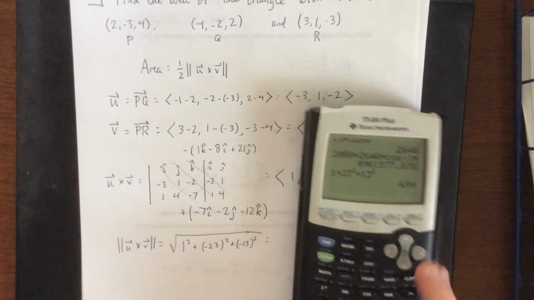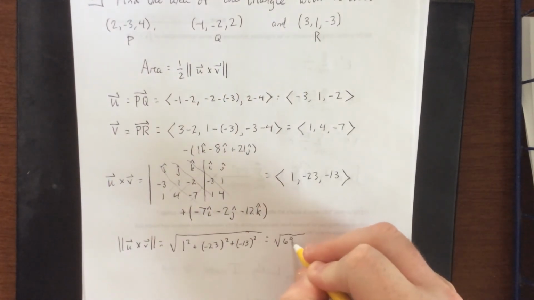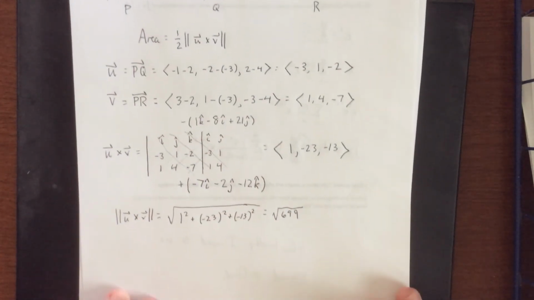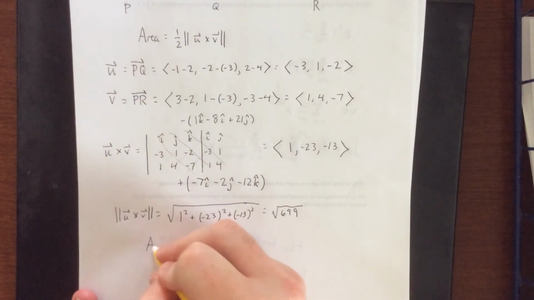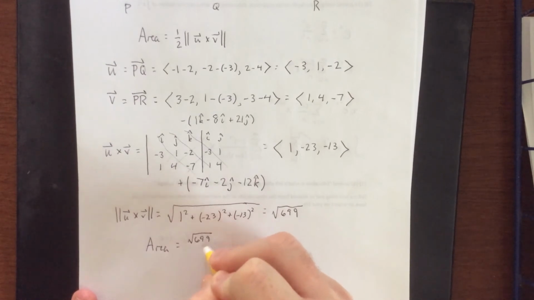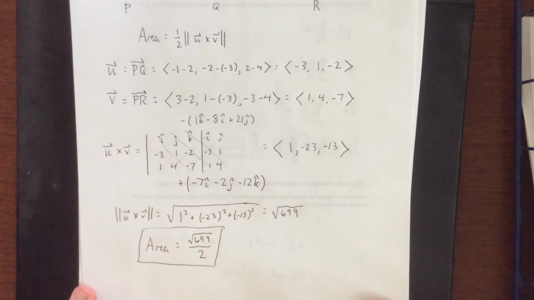So that'll be 699. I know that 699 factors into 3 times 233, both of which are prime. I think 233 is prime. So the area of our triangle is going to be half of this. So square root of 699 over 2, that'll be our final answer for the area.